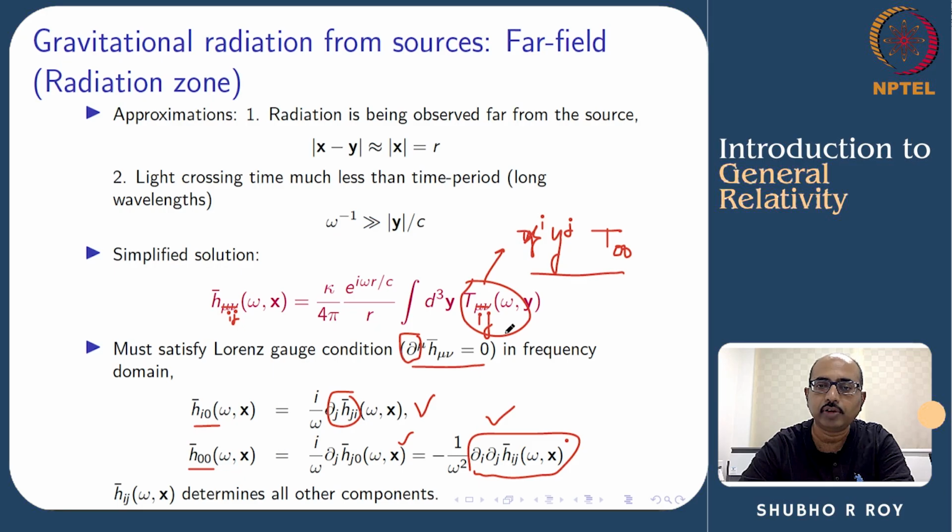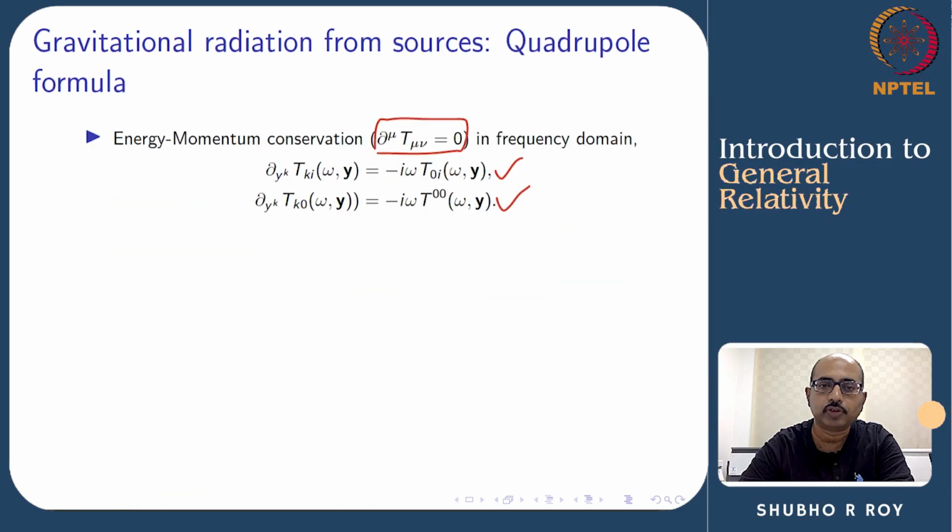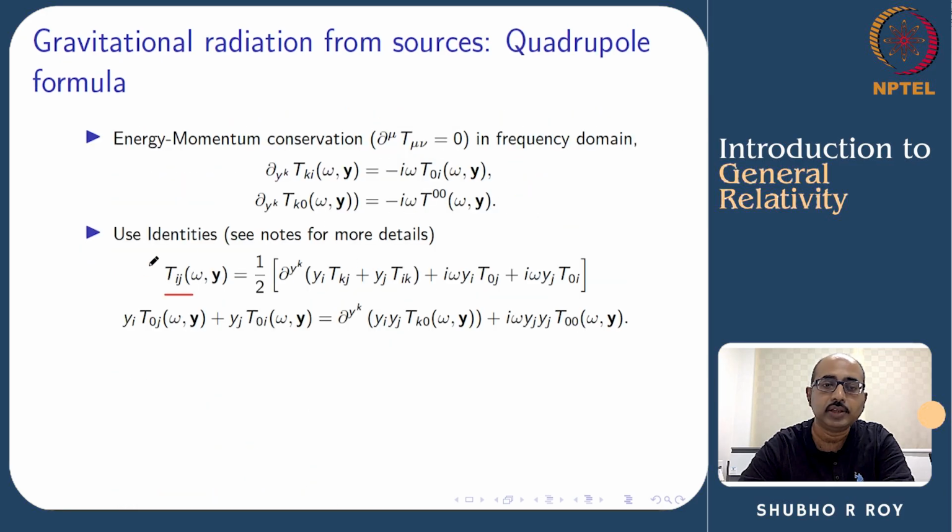So we need the Ij component of the stress tensor of the source, which are the various pressures and shearing stresses. That can be written as a total spatial derivative, plus some moment of the 0i or the 0j component.